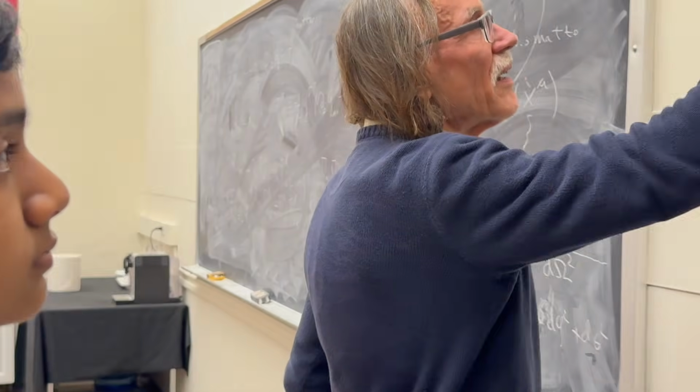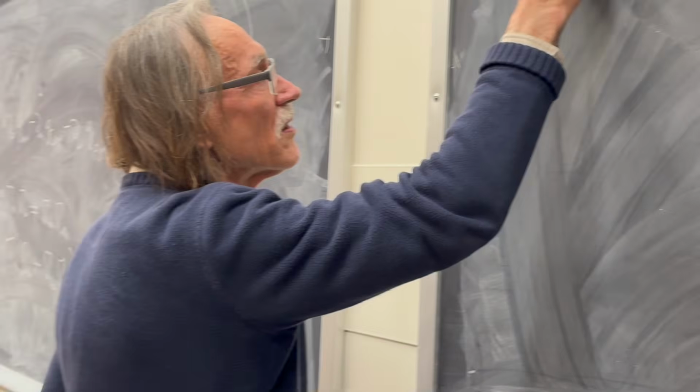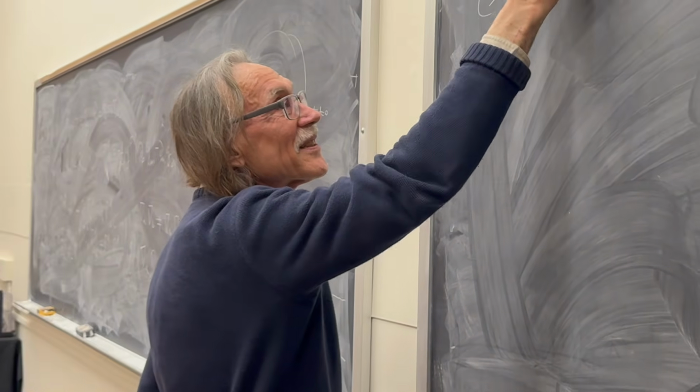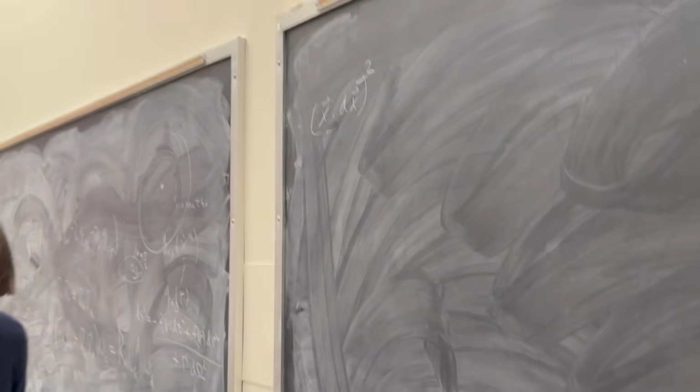For example, if you have x dot dx squared, that's rotationally invariant.